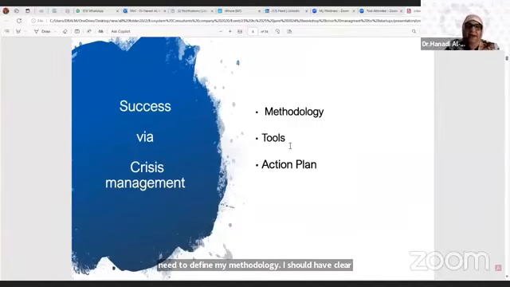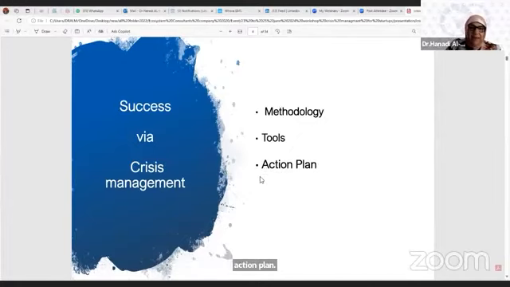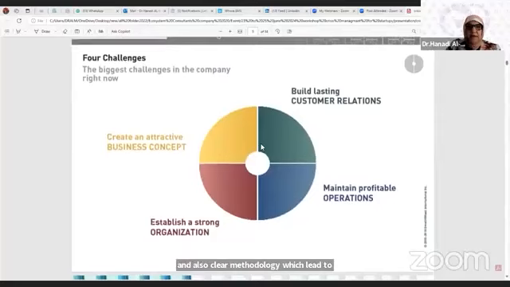Then I will define my own tools for this crisis, and then I will finalize with an action plan. To solve the crisis, we need a clear action plan and a clear methodology, which leads to using clear tools. This is the Growth Wheel from 360.